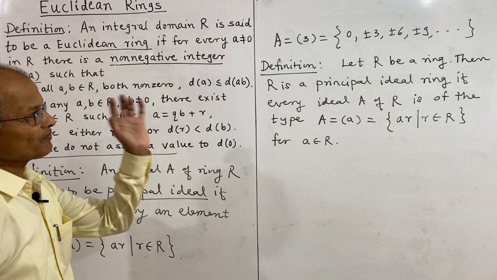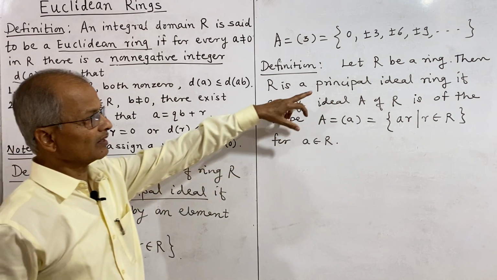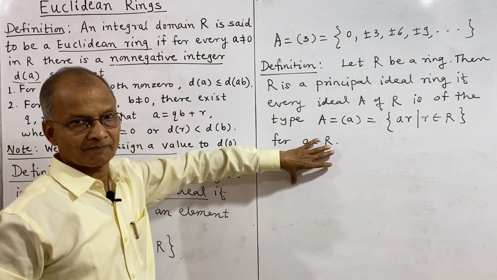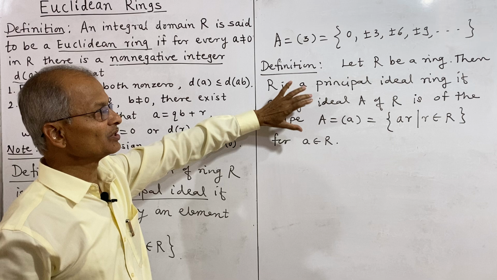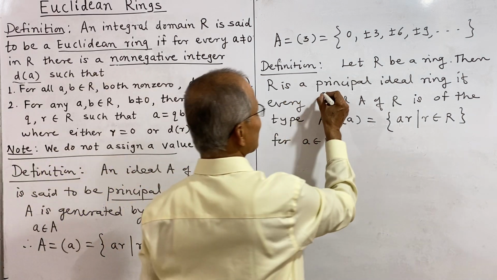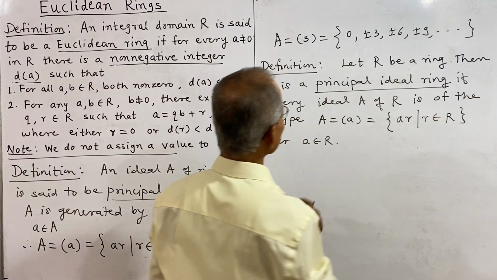So that means if every ideal of the ring is a principal ideal, then the ring is said to be a principal ideal ring. The same definition we have considered here.